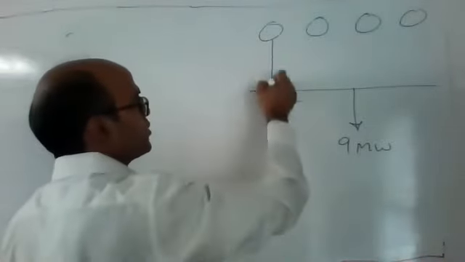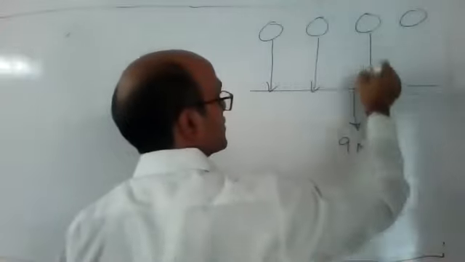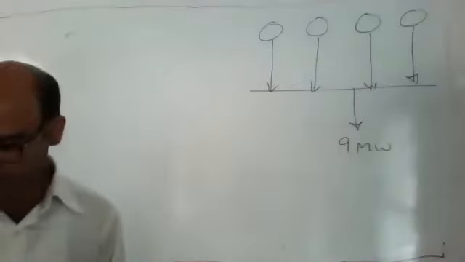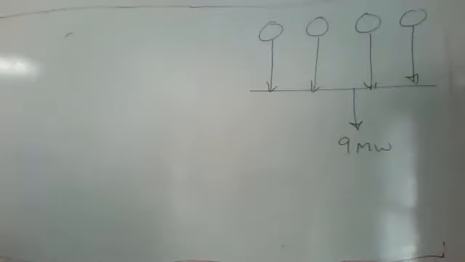Which unit should we start? The one with minimum cost. One way of solving the unit commitment problem is to solve the exact coordination equation, and the second way is using dynamic programming.